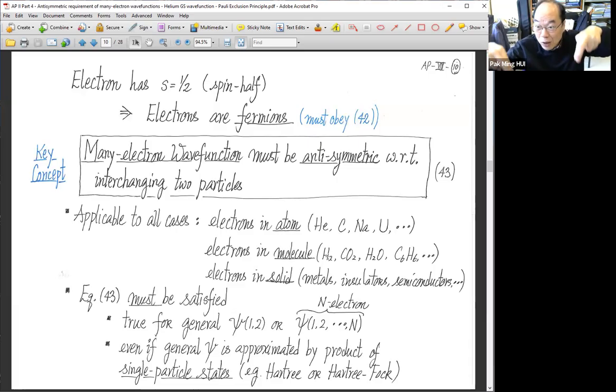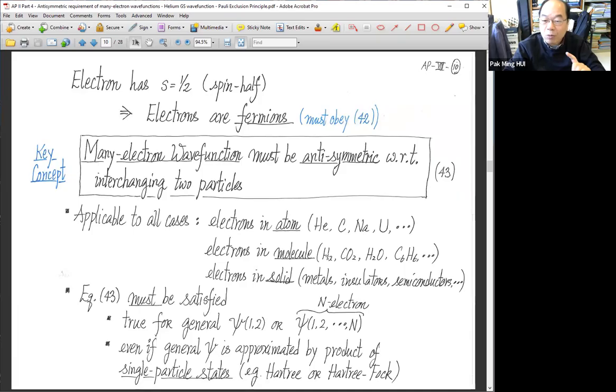You take any two and then interchange them. But then when you have 10 particles, you can do 1 with 3, 2 with 7, all these permutation operators. But I think it's unnecessary because the key point is nature makes the choice. We have to look into the consequence.